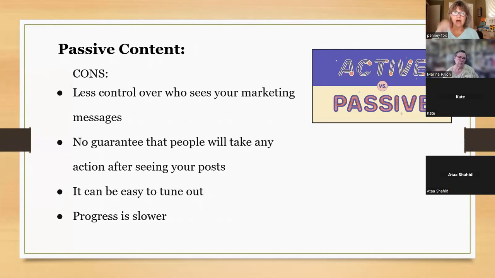Like for billboards, I could use the DOT, the Department of Transportation numbers, and I could give you an average estimate of the number of people who were driving by that billboard at a certain time. So I could say 1.3 million people drive by this, on the overpass during afternoon drive time. That's great. I could say that number of people, but how many people are going to actually see that billboard and take action on that? There's no guarantee that people are going to take action. And that's what makes it passive.